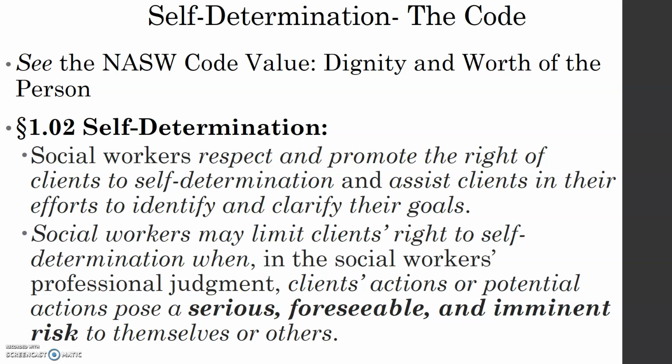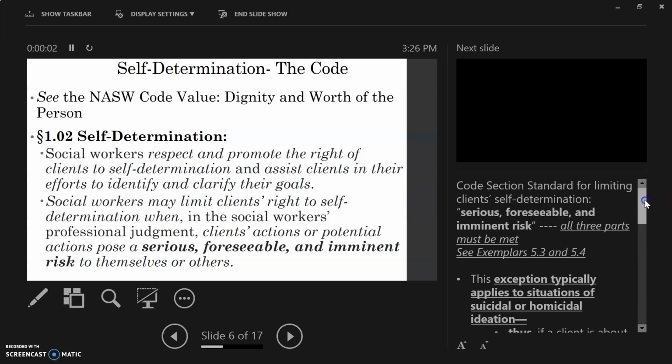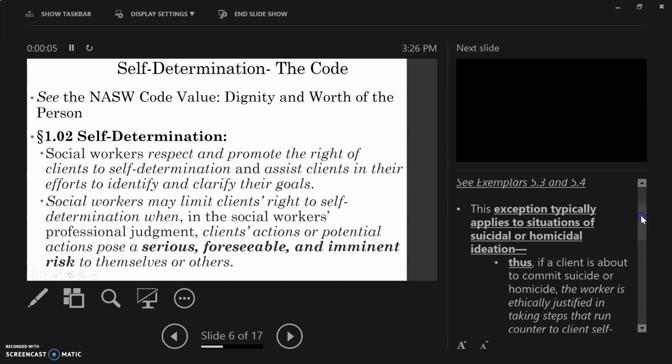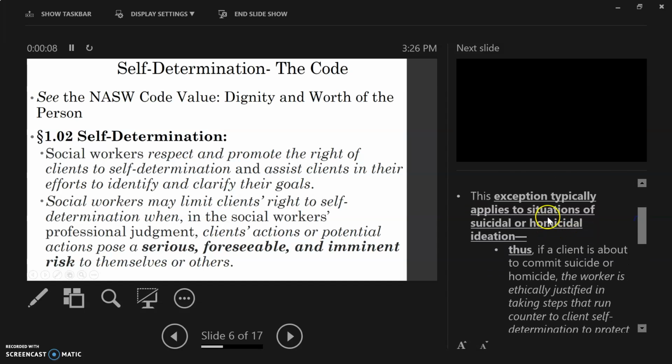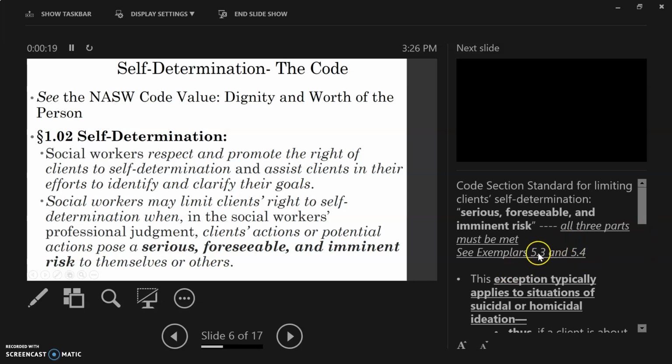The other thing here: let me go to exemplars and notes. For this one, you can see I have a lot of notes. This gives a little bit more on the Tarasoff decision and the idea of when you can override a client's self-determination. But this also points you to exemplars 5.3 and 5.4. 5.3 combines two concepts, identifying the client and issues of self-determination, and that's on page 98.